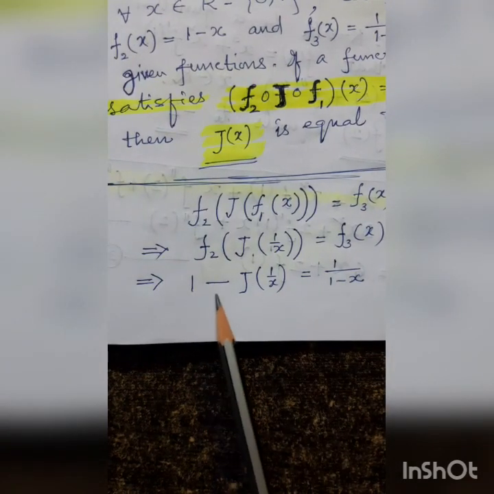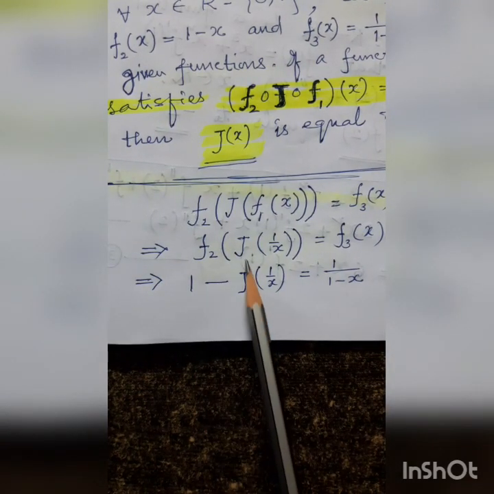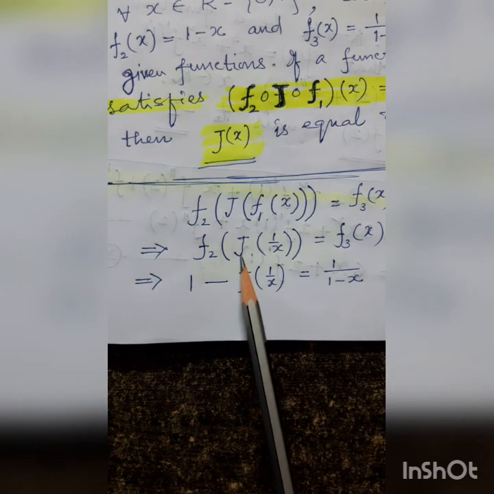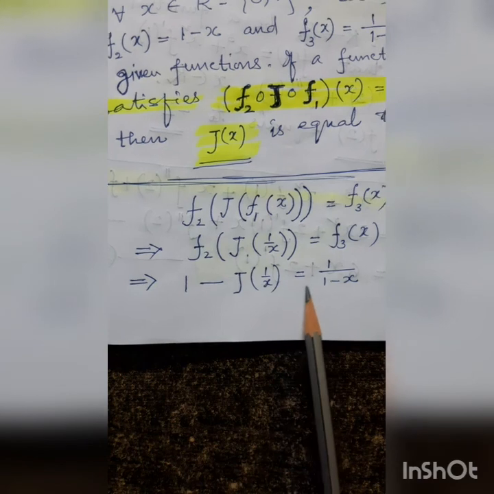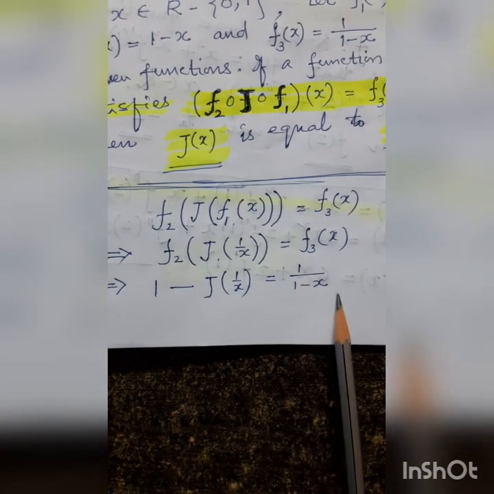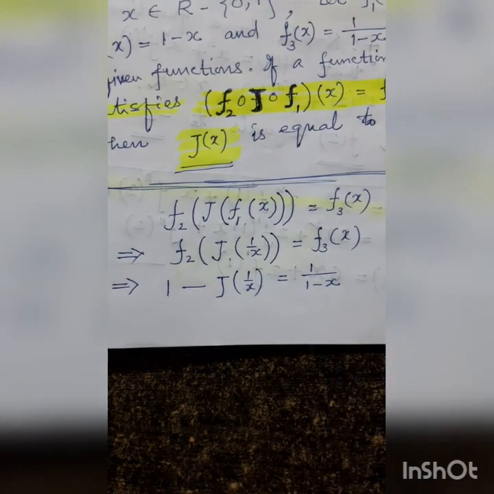So 1 minus j of 1 by x equals 1 by 1 minus x.